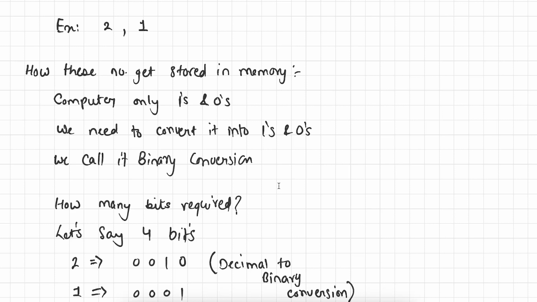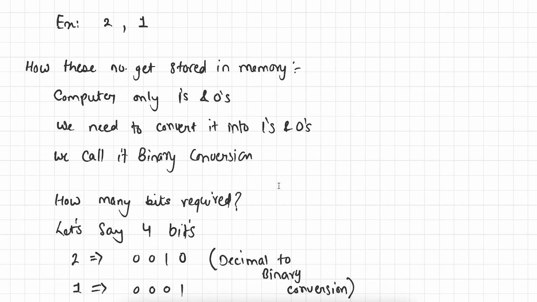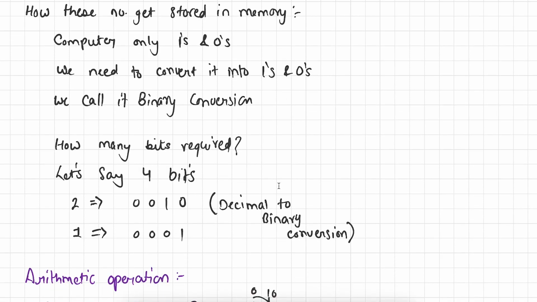Because ones and zeros are binary, and we have seen in the previous video that any data is represented in binary digits format. So how many bits are required? Let's say we are using a system with 4 bits representation. Although programming languages use 16 bits, 32 bits and 64 bits, just for the ease of understanding, we are only using 4 bits to represent any number.